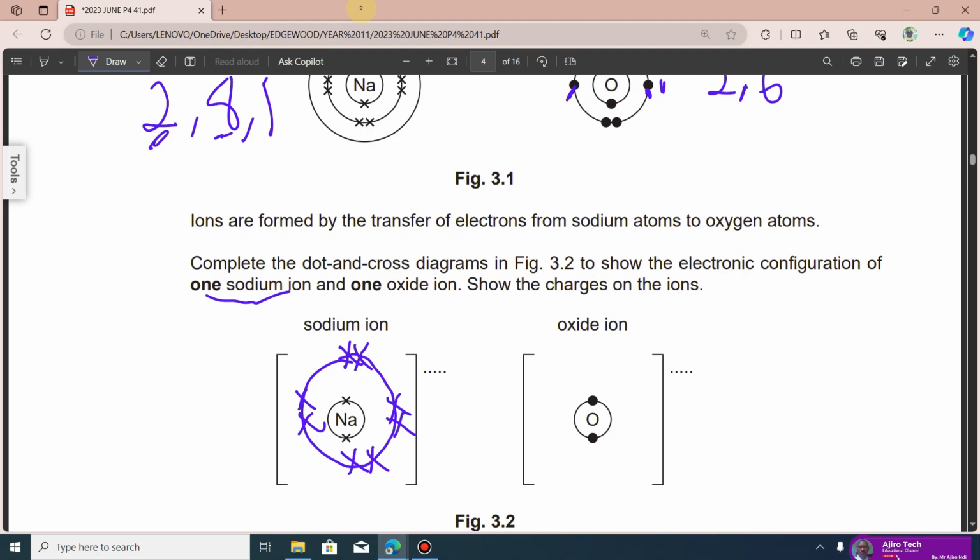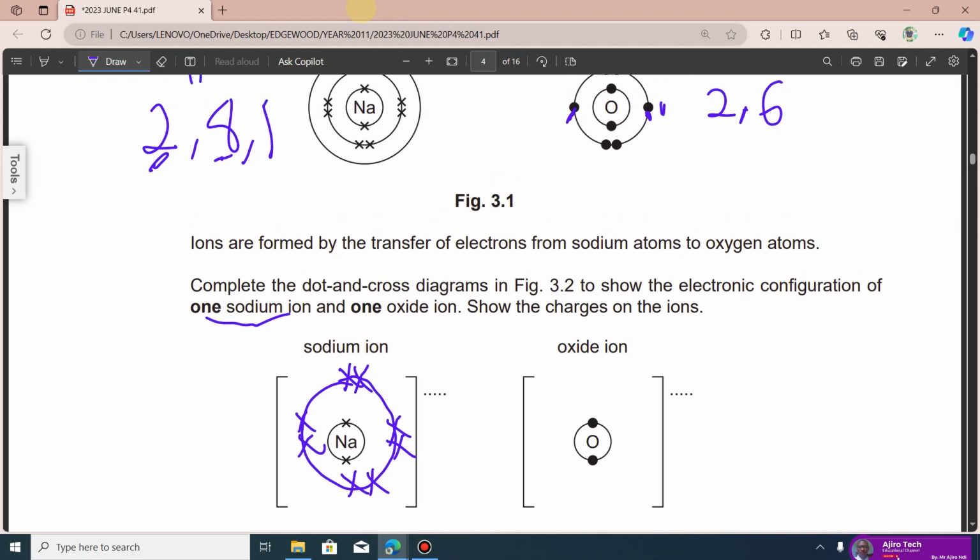So now we have the sodium ion electronic configuration donating 1 electron. Because it's donating 1 electron, we just indicate that as plus. Let me write this properly so we can comprehend it. So it's plus. 1 electron has been donated.